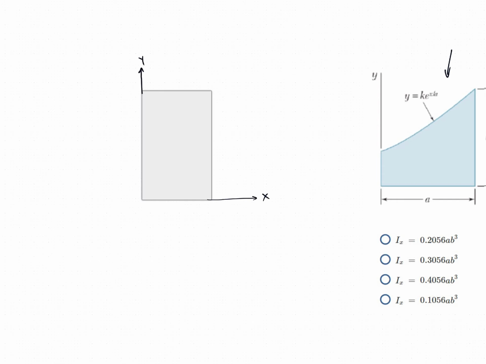I want to find Ix, and I want to do it two different ways. I want to find the moment of inertia around the x-axis, and then I'm also going to find the Ix around its centroidal axis.